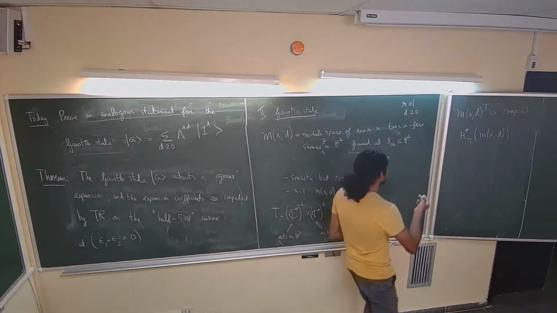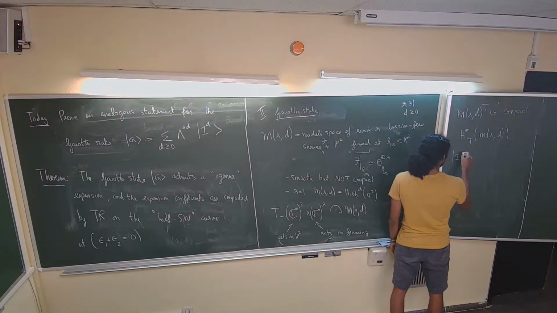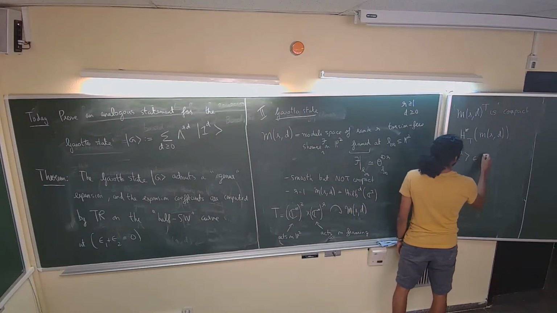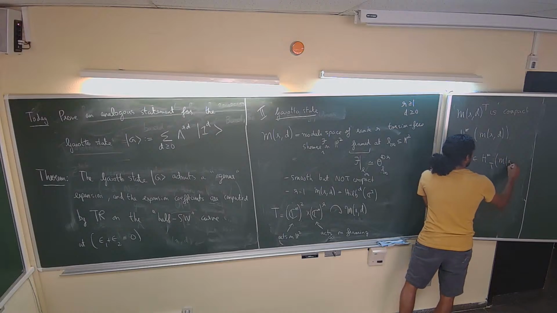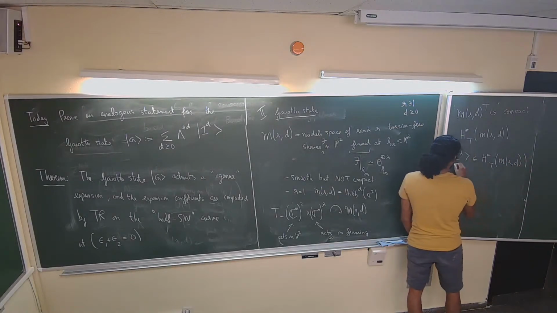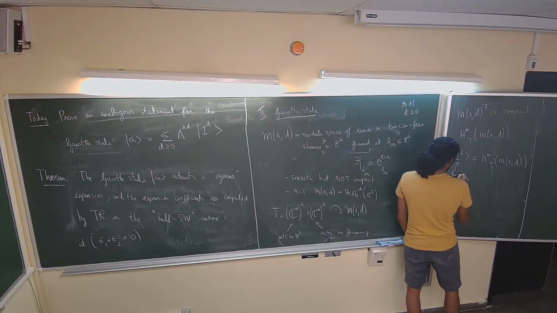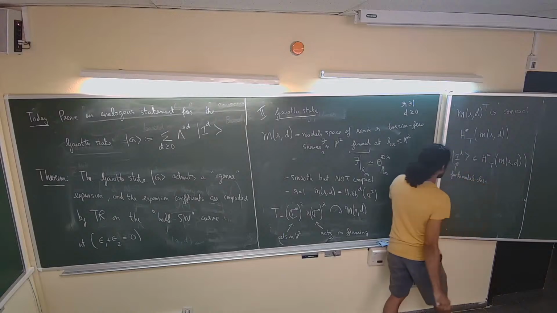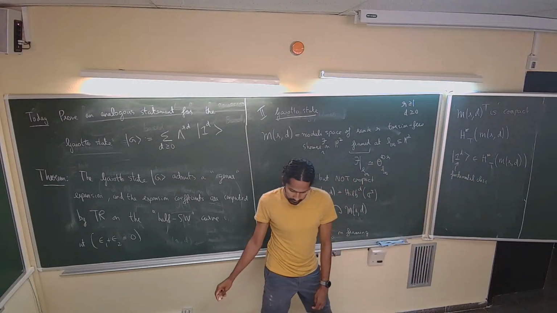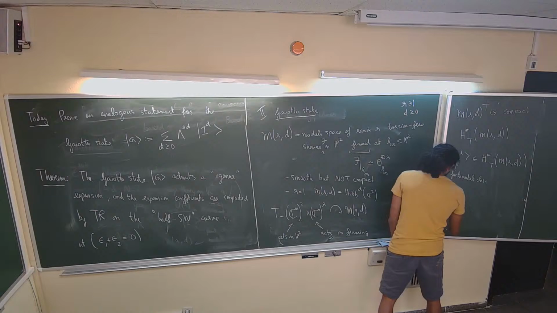And here we can consider the fundamental class of this moduli space that I'll denote 1_D. This guy is the fundamental class. And I can finally give a definition of the Gaiotto state.